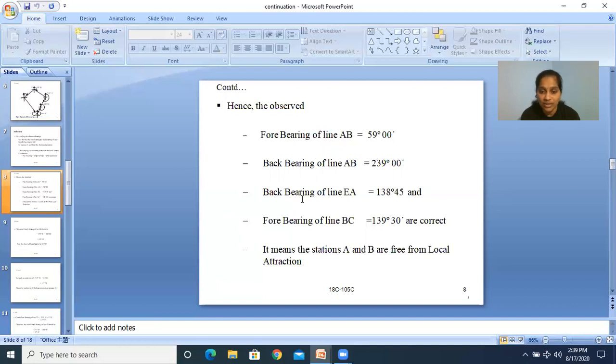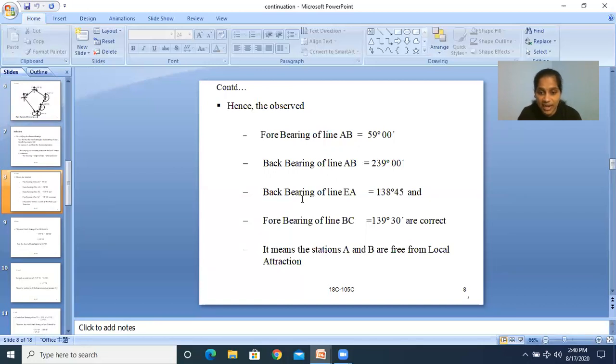Back bearing of line EA, observed from station A, that is 138 degrees 45 minutes, is correct. And forebearing of line BC, that is 139 degrees 30 minutes, observed from station B, is also correct. So these 4 bearings are correct values.